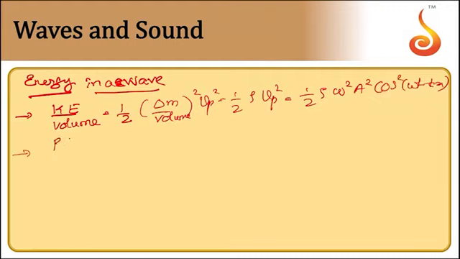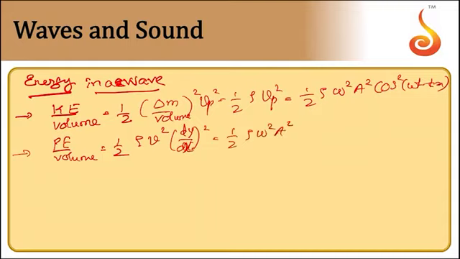And potential energy per unit volume is given by half rho v square into (dy divided by dx) whole square, which is half rho omega square a square into cos square (omega t minus kx).